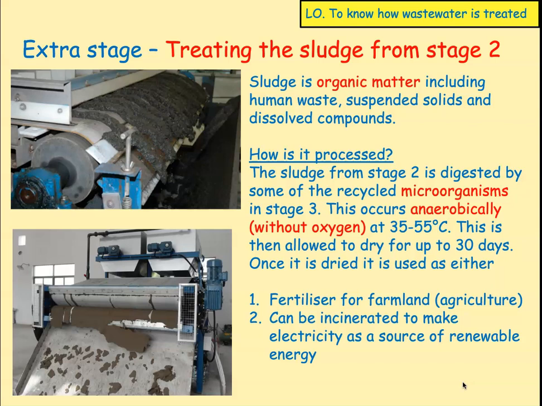And once it's dried, it has 2 uses. First of all, we can use it as a fertilizer because it still contains nitrates and other substances that plants need. Or it can be incinerated or burnt to make electricity. And because it's a renewable source, we're going to have a sustainable amount of this. It's a renewable source of energy.